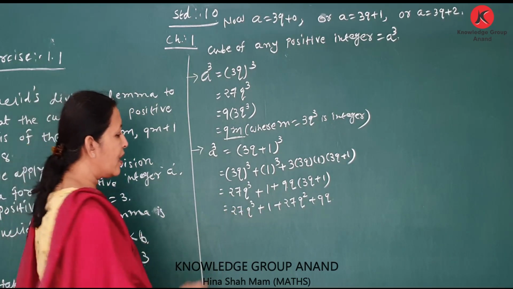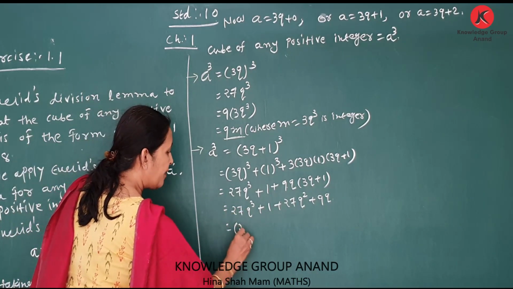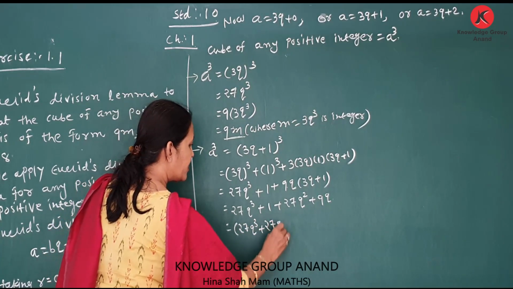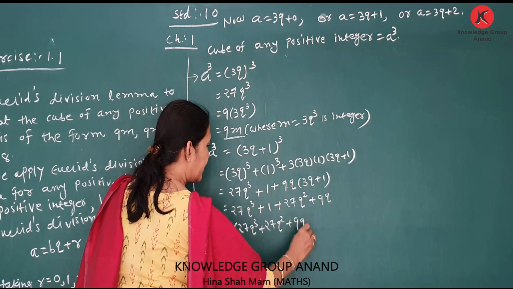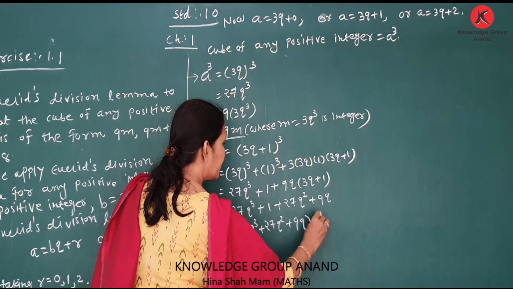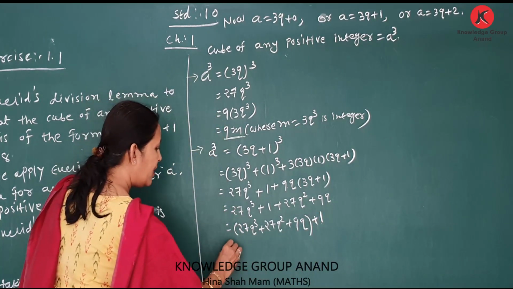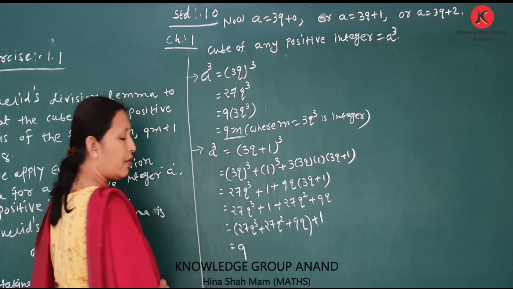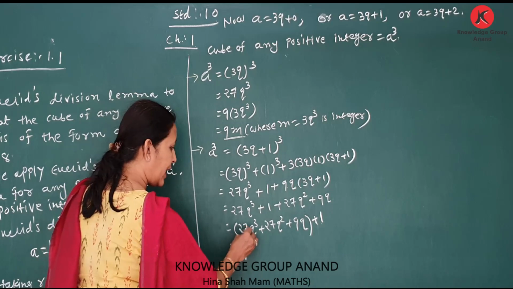Here we arrange the terms: 27 q cube plus 27 q square plus 9q plus 1, in which the common factor is 9.